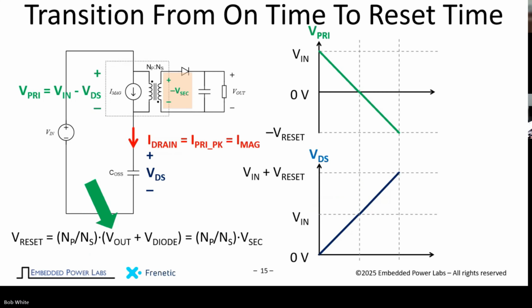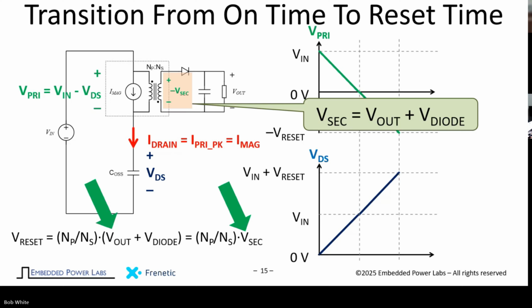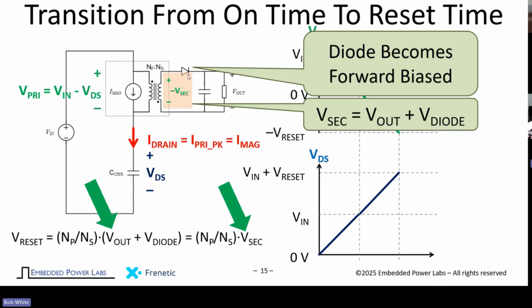Well, that reflected voltage here is equal to the output, and we clamp. If we try to increase the voltage across here any more, we actually end up forward biasing this diode, and the voltage becomes clamped.